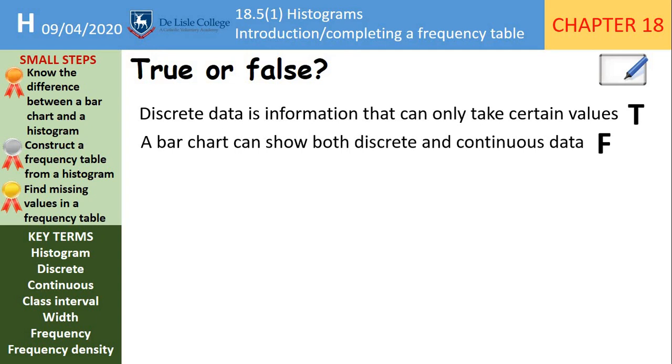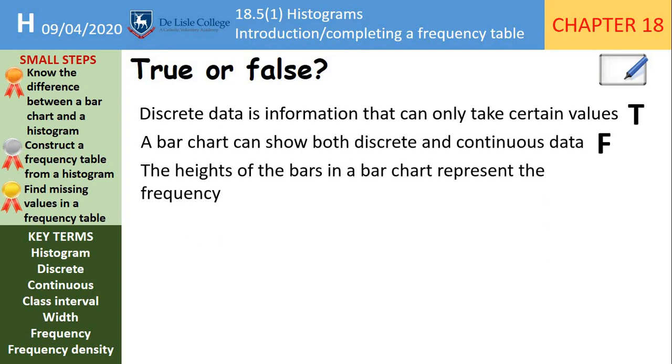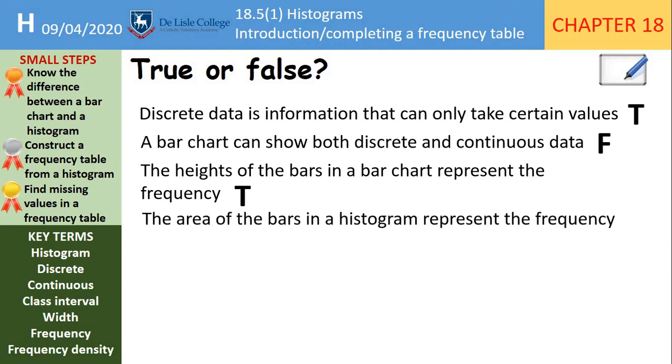Remember, we draw a histogram for continuous data. The heights of the bars in a bar chart represent the frequency. True, yes they do. The area of the bars in a histogram represent the frequency. Yes, this is also true.